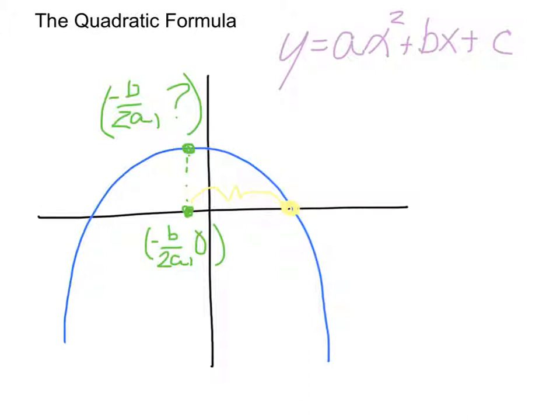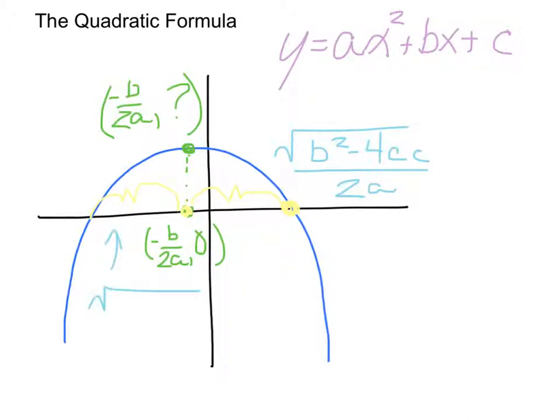It can be described by square root of b squared minus 4ac all over 2a. In the same way, the distance from this point to the other root can also be described as square root of b squared minus 4ac all over 2a.